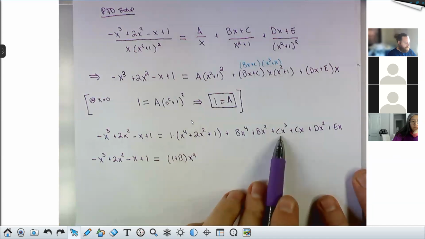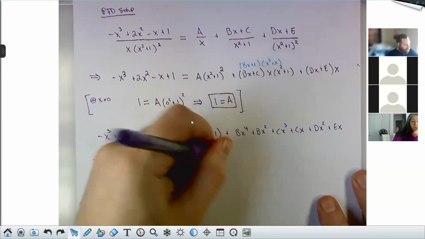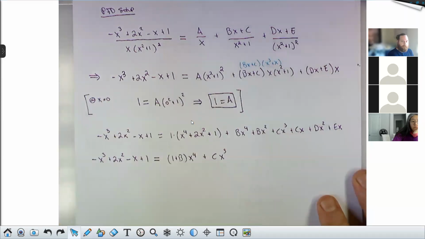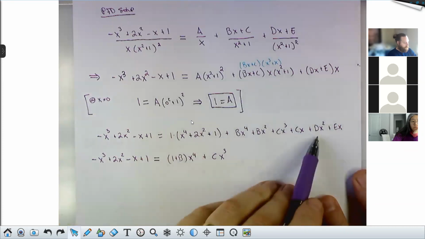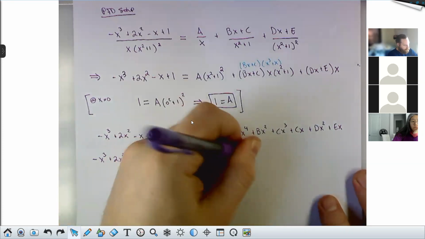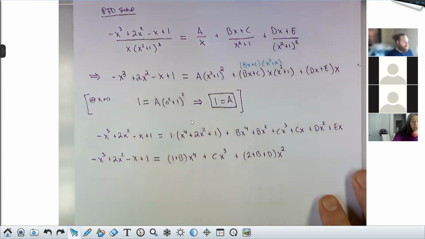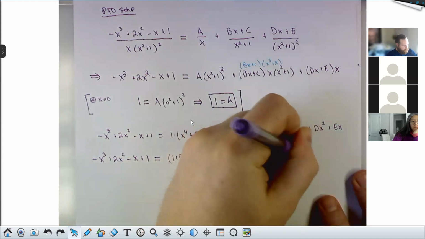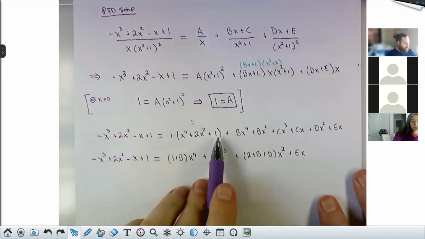I have a cx cubed. Nowhere else do I have an x cubed, so plus cx cubed. Now I look for x squared. I have here 2x squared, here bx squared, and here dx squared. So that's plus 2 plus b plus d x squared. Regular old x's, just ex. And then constants, terms without any x's, just this one.